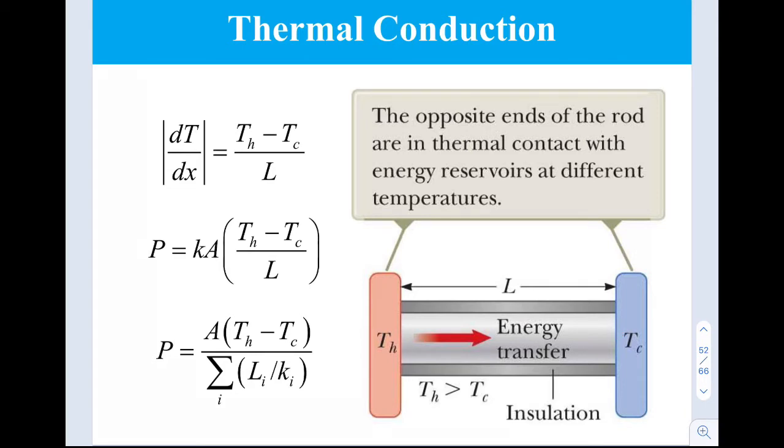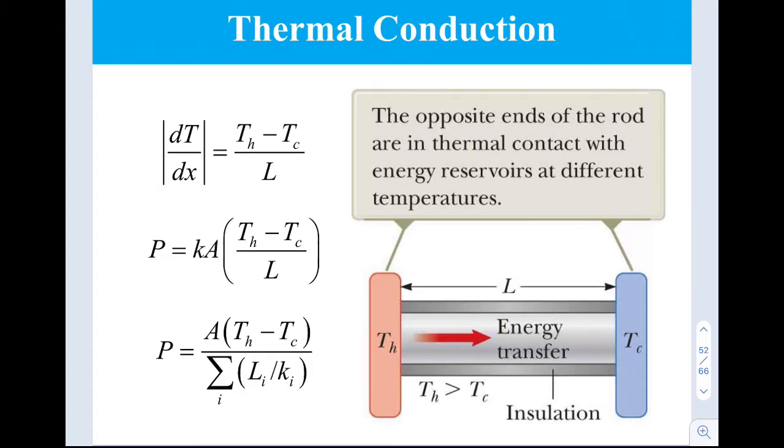One end is in thermal contact with an energy reservoir at temperature T_cold, and the other end is in thermal contact with a reservoir at temperature T_hot, where T_hot is bigger than T_cold. When a steady state has been reached, the temperature at each point along the rod is constant in time. In this case, we assume k is not a function of temperature.